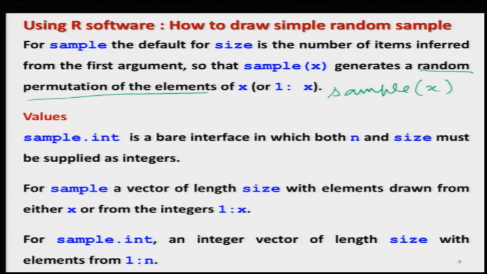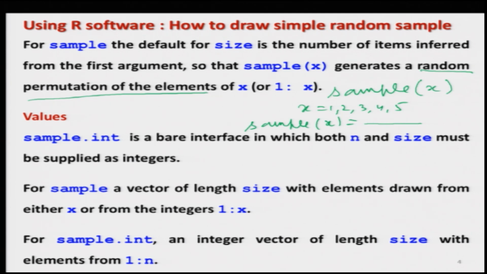That means, suppose x is 1, 2, 3, 4, 5, which is of size 5. Once you say only sample x and do not give any other parameter, this will generate a sample of size 5 using these numbers 1, 2, 3, 4, 5. For example, that can be 1, 2, 3, 4, 5, or 5, 4, 3, 2, 1, or 4, 3, 2, 1, 3 and so on.